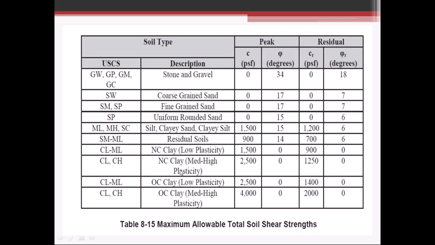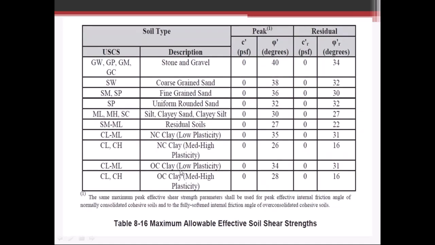And the manual states that these values may not be exceeded without laboratory testing and written permission from the Geotechnical Engineering Bureau. And there's also a table in there with the allowable effective soil shear strengths, which are the drained parameters. And again, these should not be exceeded without laboratory testing or approval.